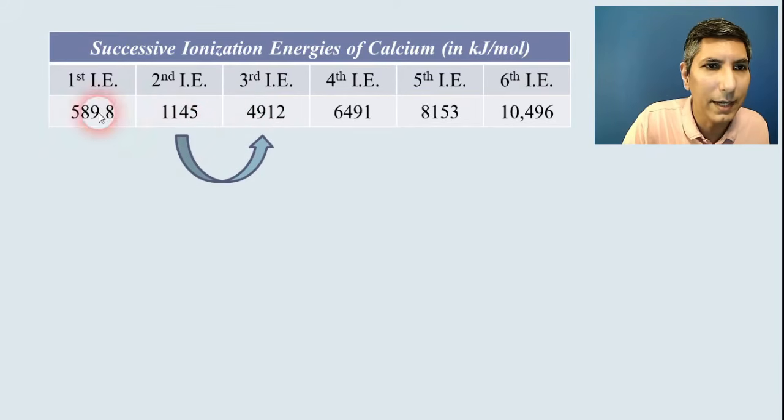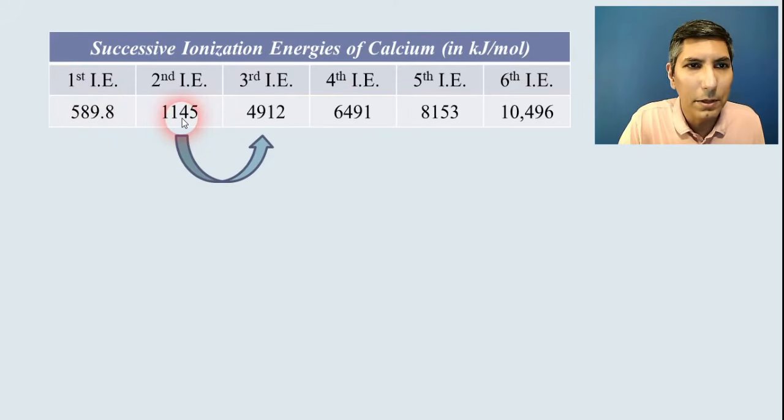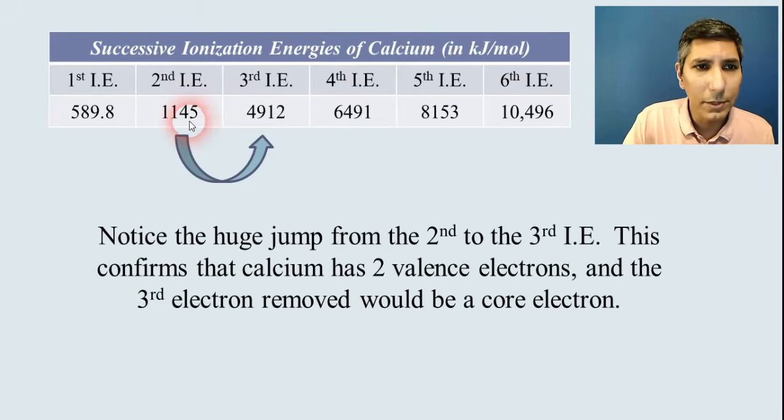Here from the first to the second, that's like twice as much. But then from the second to the third, that's well over 4 times, almost 5 times as high. And then from the third to the fourth, it's not that much of a jump at all. So since there's a huge jump from the second to the third, what that's telling us is that this atom has 2 valence electrons.